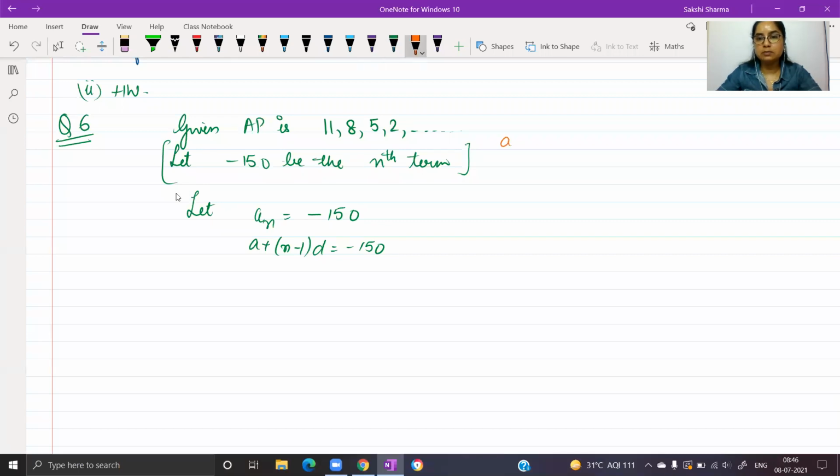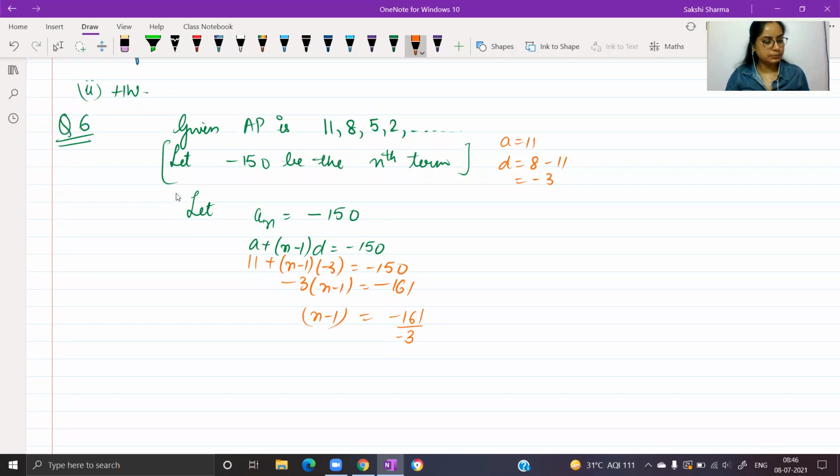The first term is 11. The common difference is negative 3. The value of n, I think, comes out to be in fractions. Yes, ma'am.